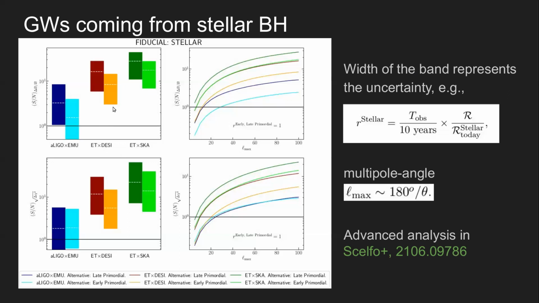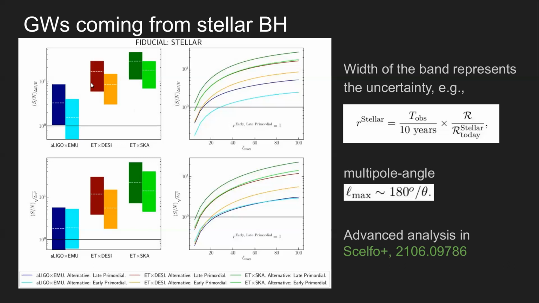Especially the left-hand side plot has a maximum multipole of 20, as you can see from where the average value is on the right column. So you don't need this huge resolution, and with the existing gravitational wave detectors, this is more than achievable.